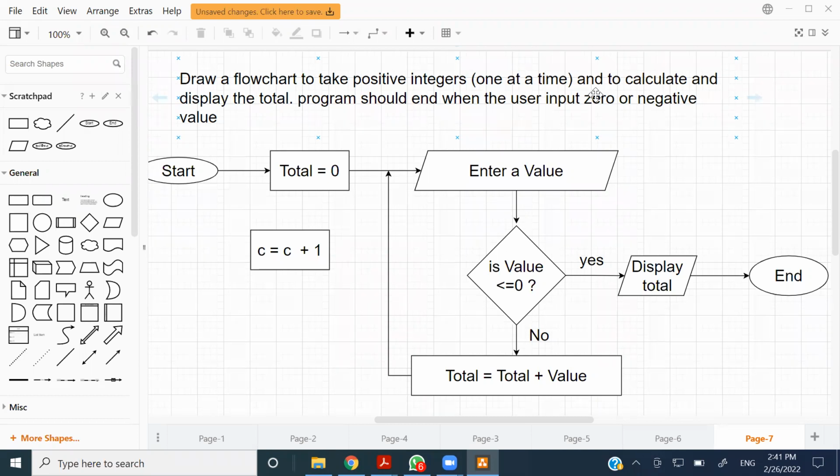Okay, now in case we want to increase the value of x by 3, 3 by 3, how are we going to write that? Yes, when we need to increase the value of x by 3.